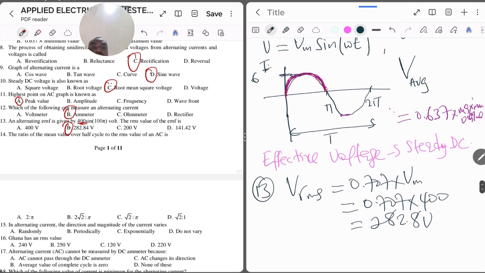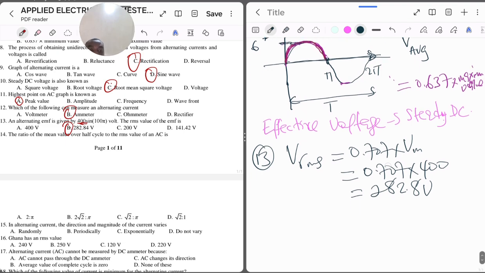For example, when you talk about average voltage, we take it over half a circle, meaning 0 to pi. We don't take it over a full circle. If we were to do that, the average voltage becomes 0, because we are doing alternating, so the positive and negative sides cancel out.